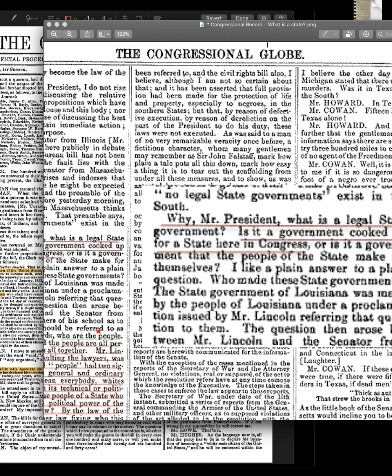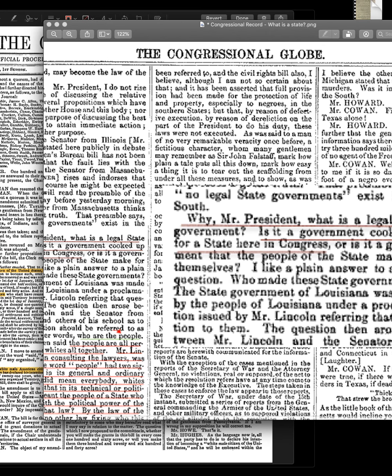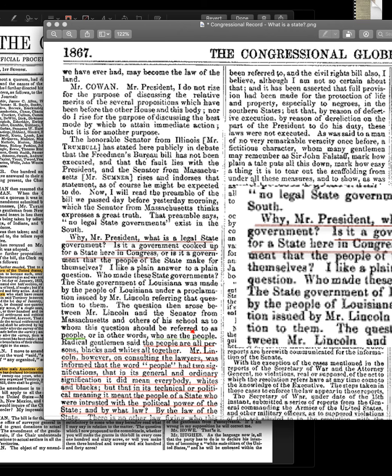You can go on the LOC website, that's Library of Congress, and search this, and you'll find it if you're diligent. And it's Mr. Cowan, and he's asking the president. He's saying, why, Mr. President, what is a legal state government? Is it a government cooked up for a state here in Congress, or is it a government that the people of the state make for themselves?